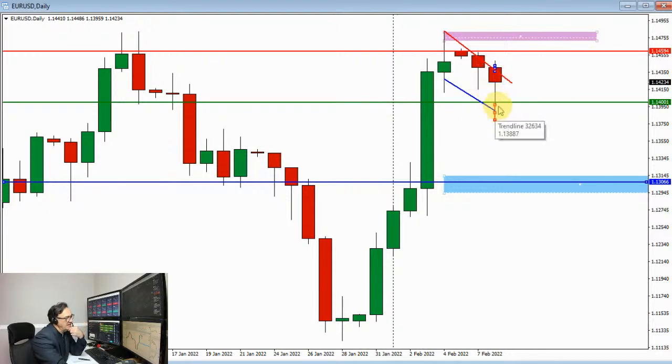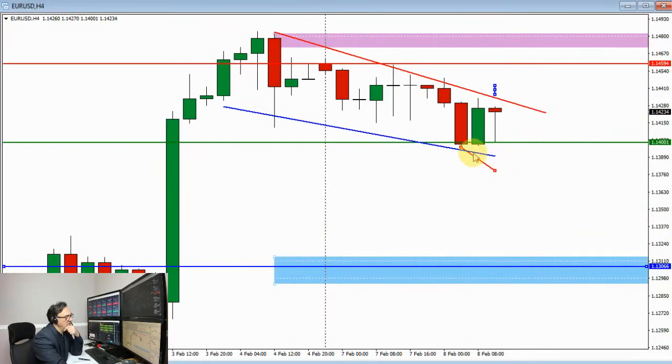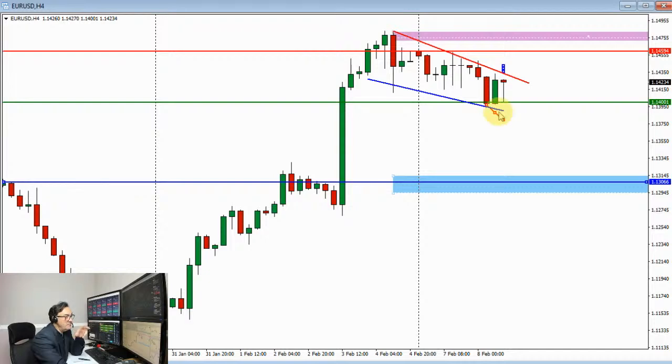The daily candle closing below 1.14 on euro dollar, and forming a really full red candle below that level, would likely trigger a bearish reaction, which could then open the way for a push lower towards 1.13, which is what I was looking for.